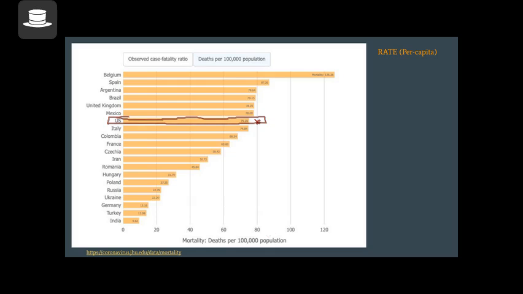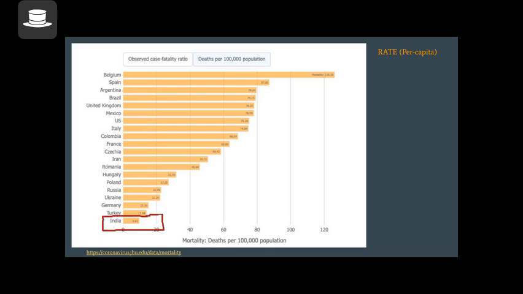Now, it is important to understand that the kind of knowledge you can gain from this will come from the context. You have to look at the density of the population. You have to look at several other factors. The interesting thing here is that India is a very densely populated country.